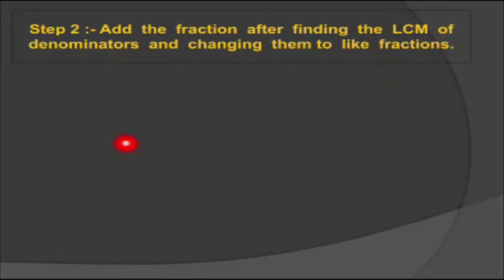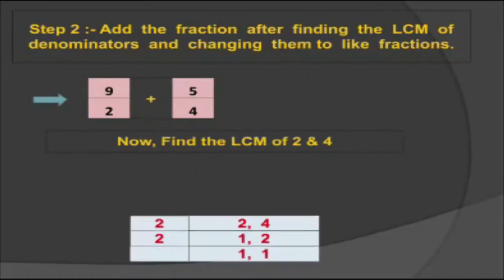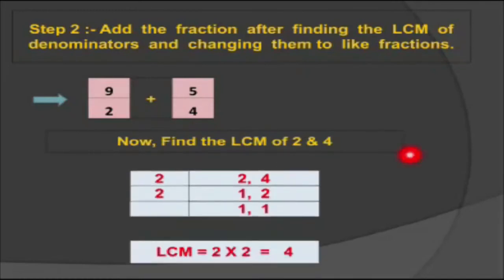The denominators are different, so we need to find the LCM of the denominators first, right? Here the denominators are 2 and 4. You are very much familiar that we have already found that the LCM of 2 and 4 is equal to 4.